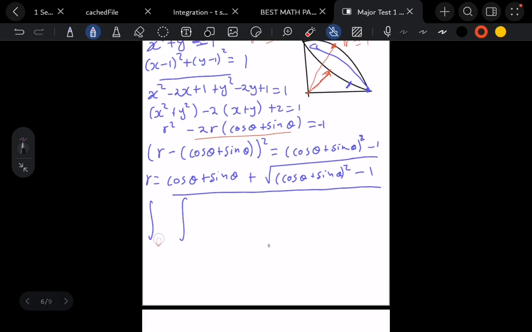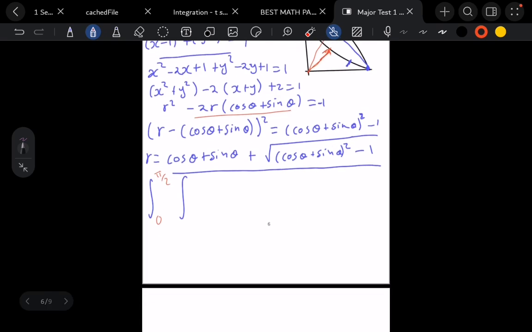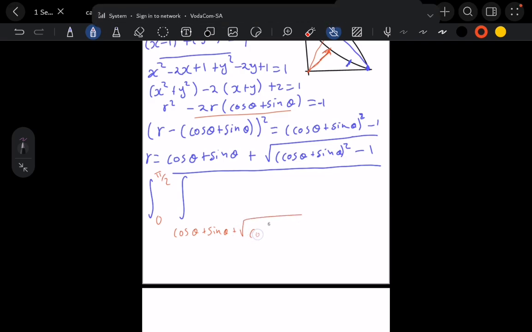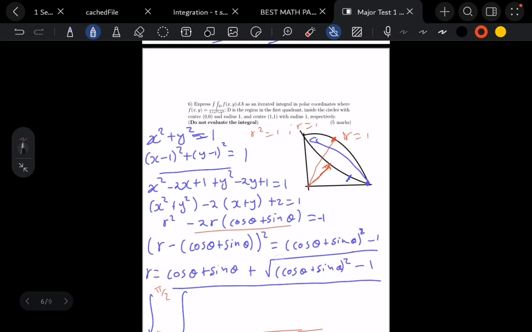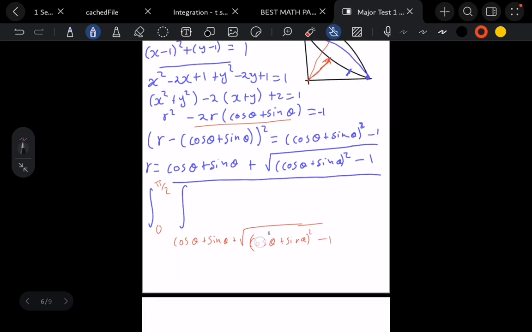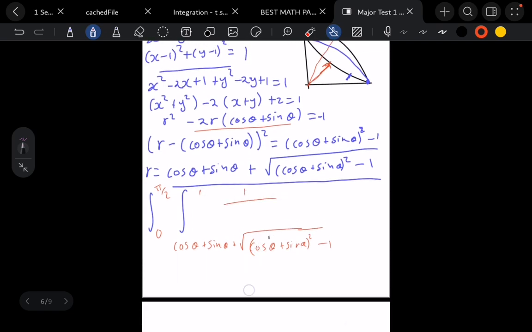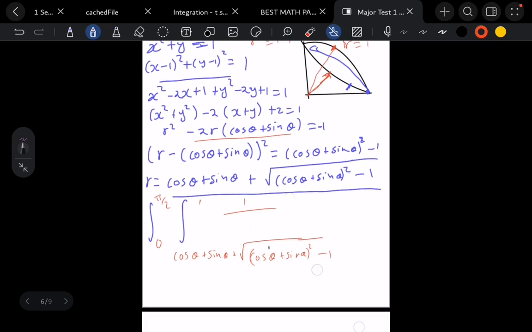The minimum value of r is cos theta plus sine theta plus the square root of (cos theta plus sine theta) squared minus 1. And the maximum value of r is just 1, of 1 over 1 plus r squared, r dr d theta.